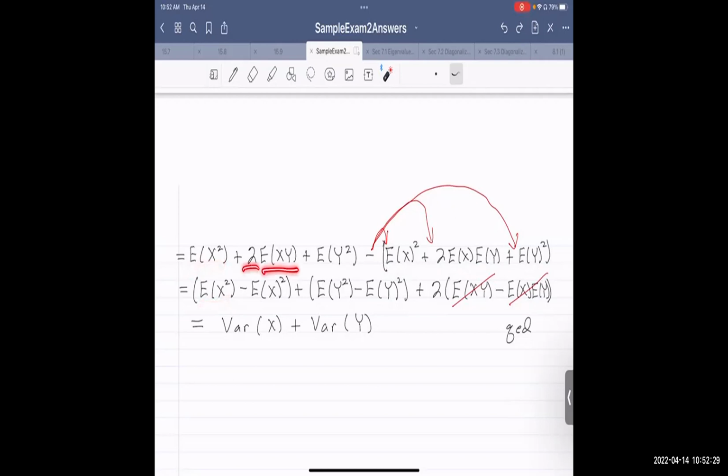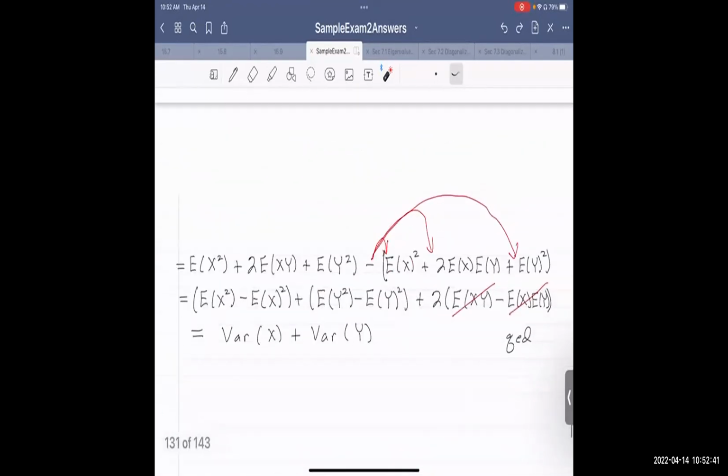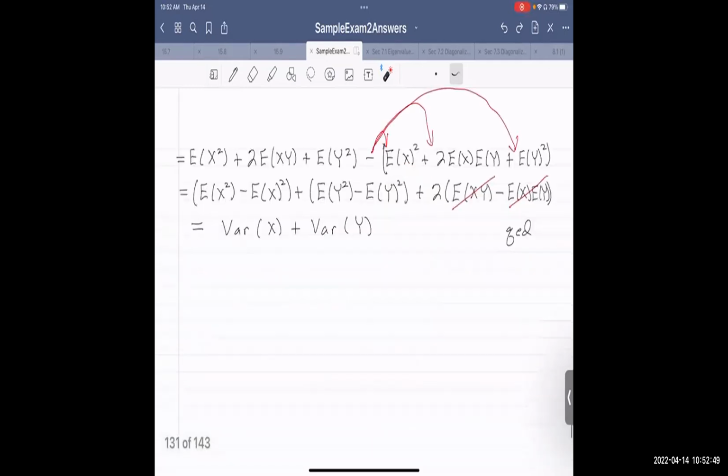This is 2 expected value of xy. And this is expected value of y squared. Well, note that the expected value of xy is the same as expected value of x and expected value of y, because x and y are independent. This is the variance of x, and this is the variance of y. And that's what you wanted to prove.